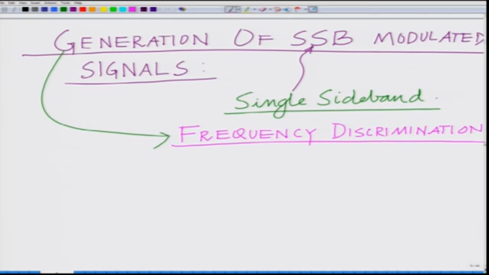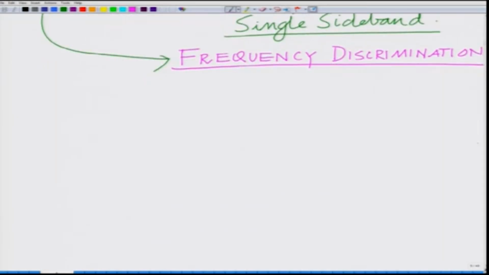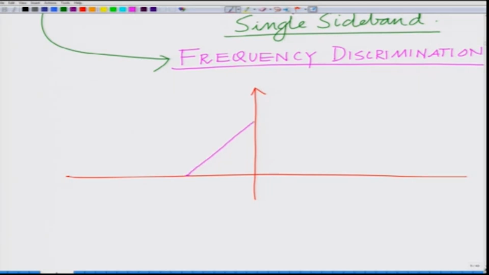Let us look at frequency discrimination for the generation of SSB modulated signals. And as we have seen yesterday, if we start with a message signal m(t), which is given by the spectrum between minus fm and plus fm, correct.